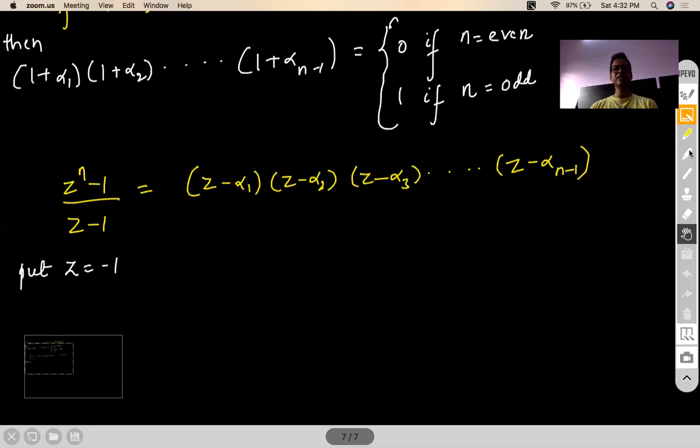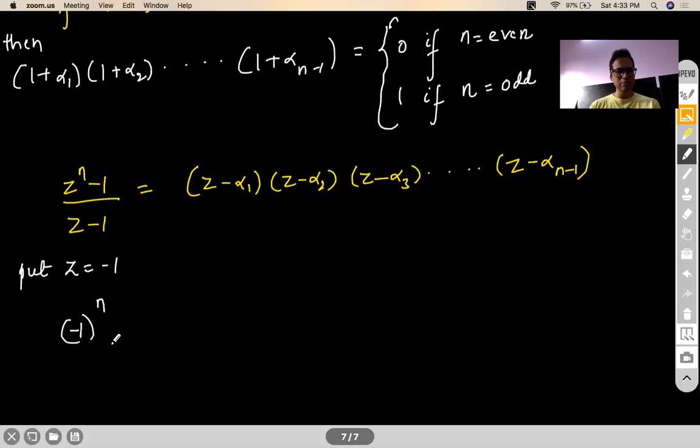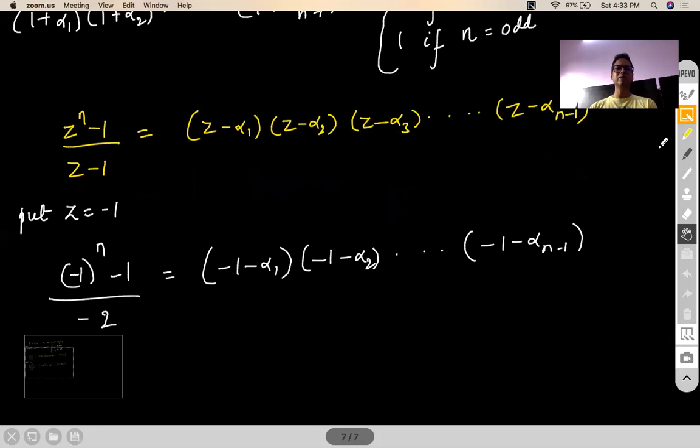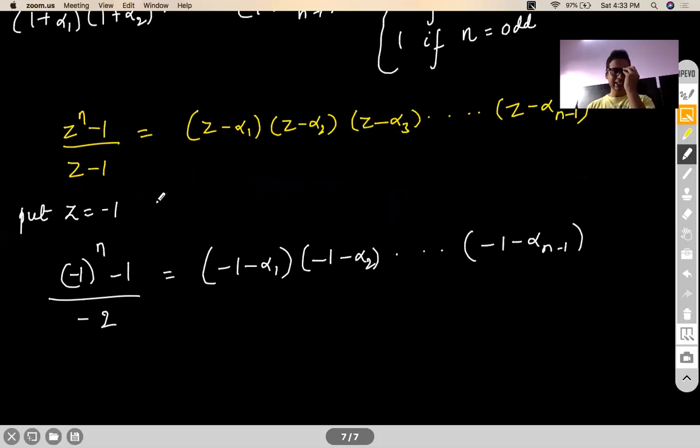If you put z as minus 1, it becomes minus 1 to the power n minus 1 by minus 2. And this side you get minus 1 minus alpha 1, minus 1 minus alpha 2, up to minus 1 minus alpha n minus 1. Okay, guys, whatever I am writing over here, this is an identity. So you can put z value as minus 1 over here as well. Are you getting my point?